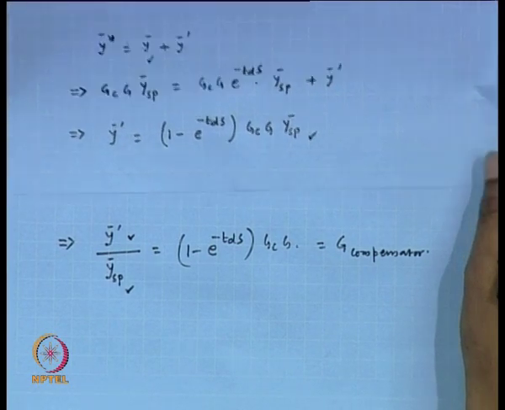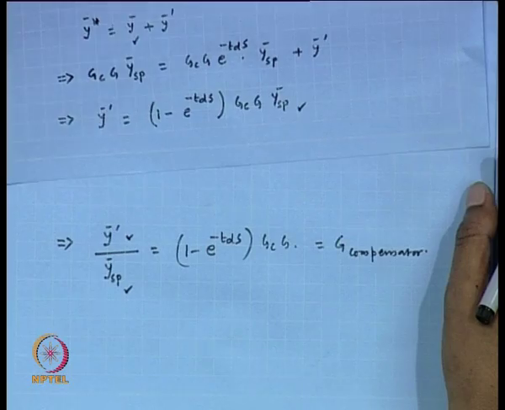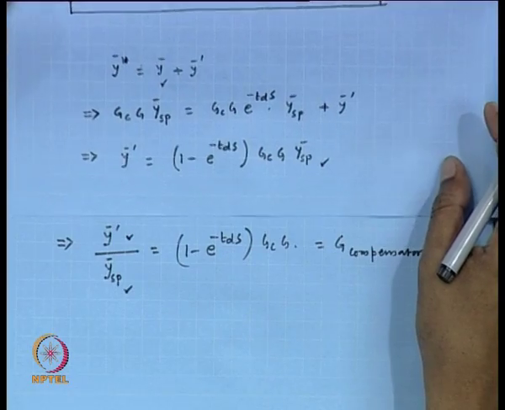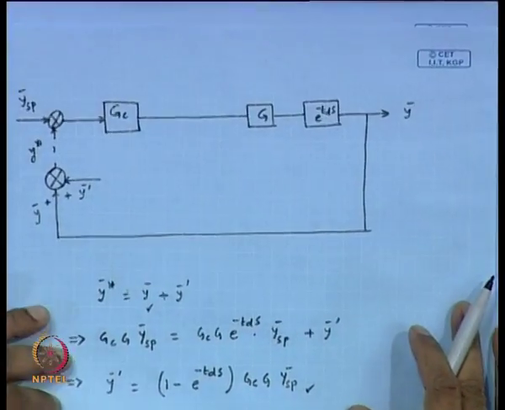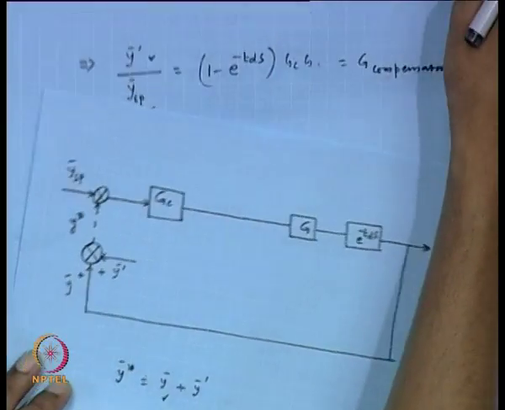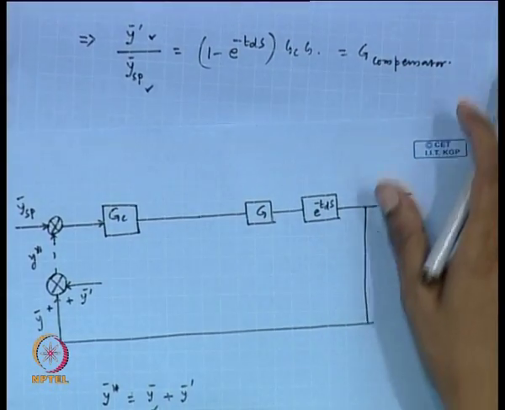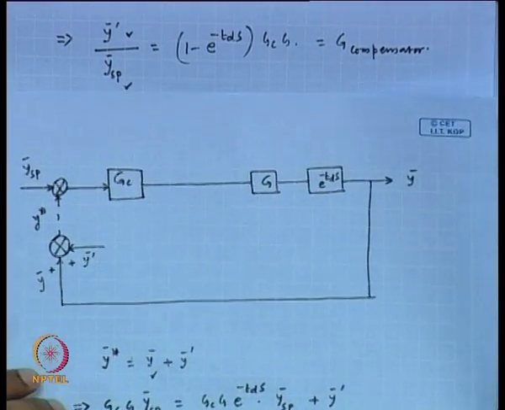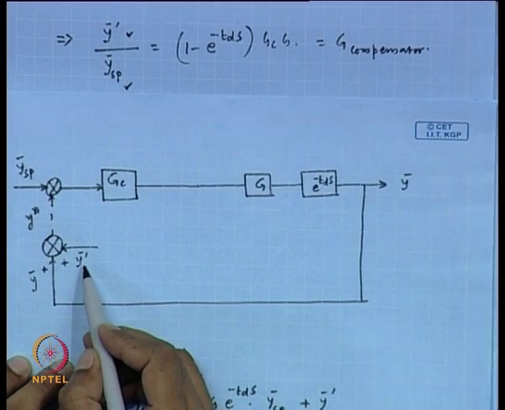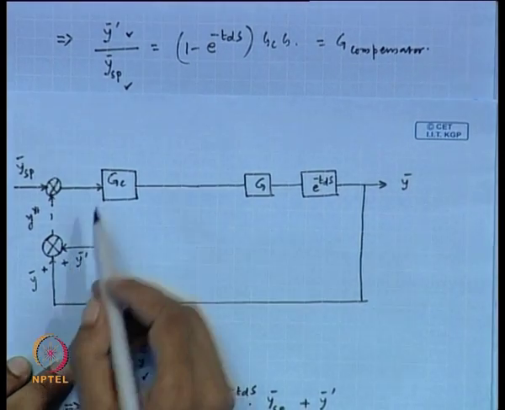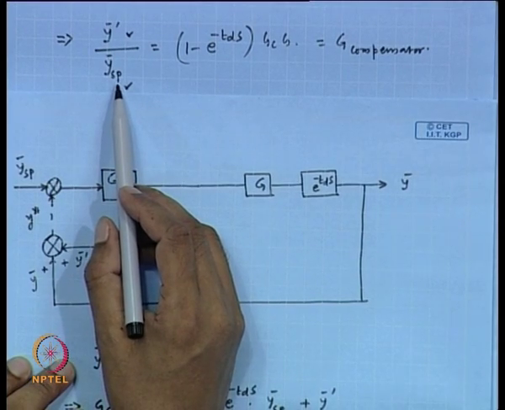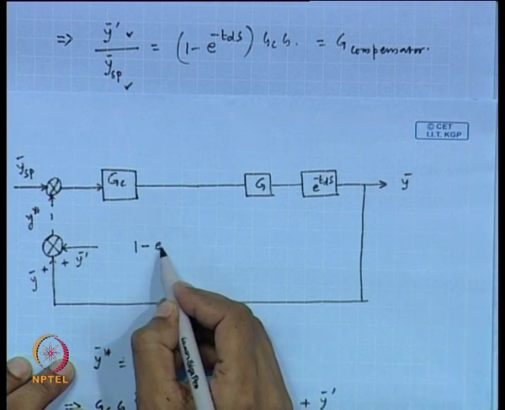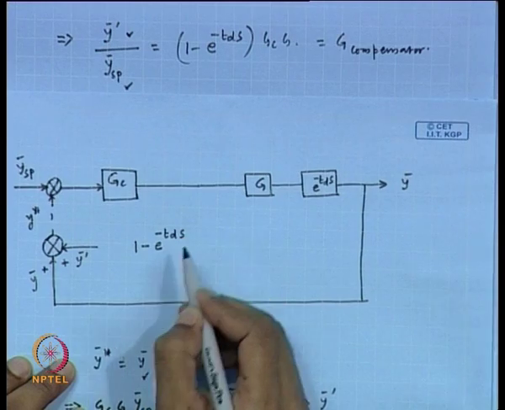Now, we will just include this compensator in this block diagram. So, this is the expression for compensator, this is the block diagram. Output is y prime, input is y set point. So, I am writing here 1 minus exponential of minus TDS.